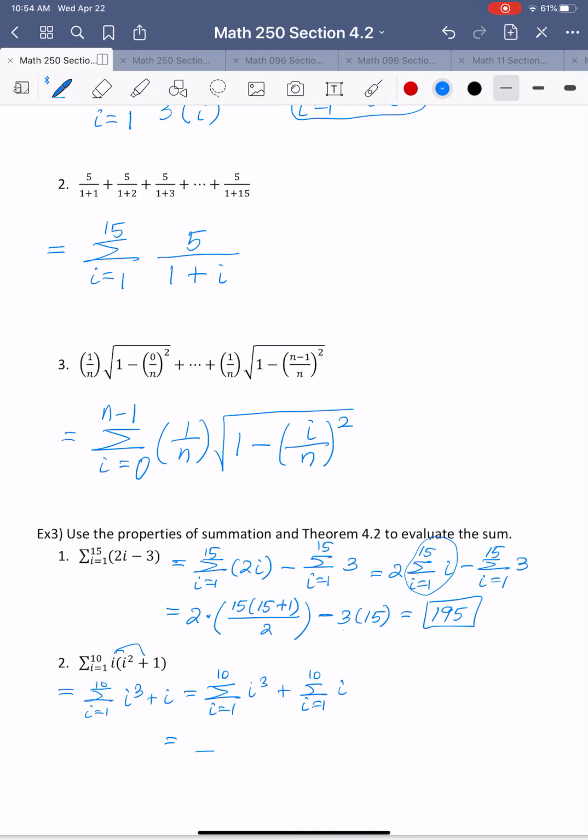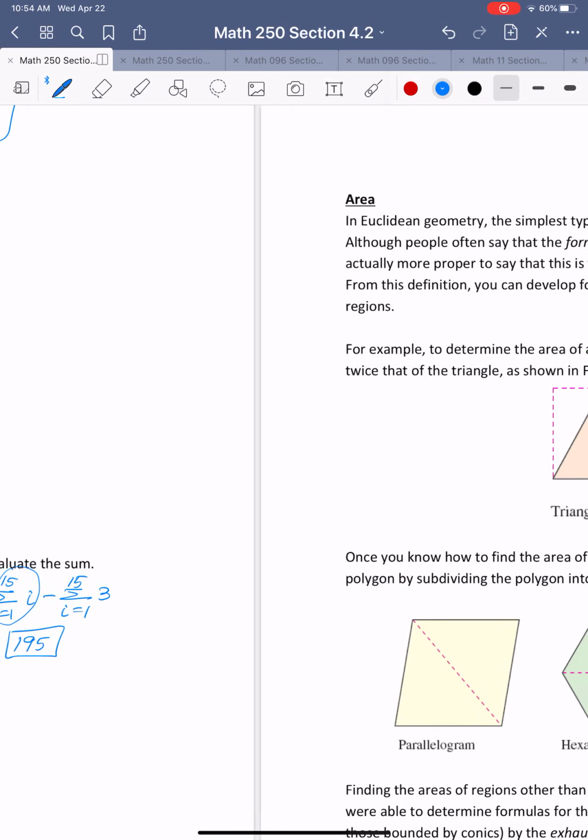So I'm using n as 10, 10 squared and 10 plus 1 squared over 4. And as for i, it's n times n plus 1 and then divided by 2. And then when you compute that, it'll be 3080.